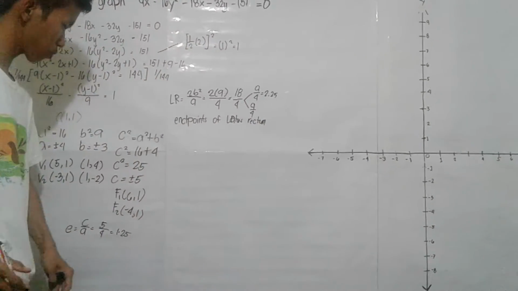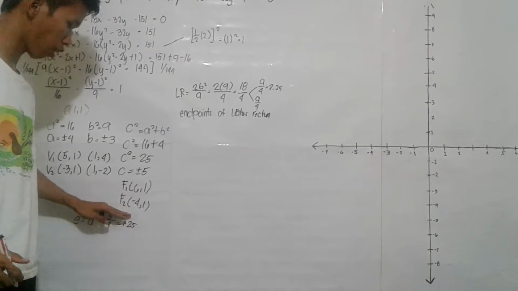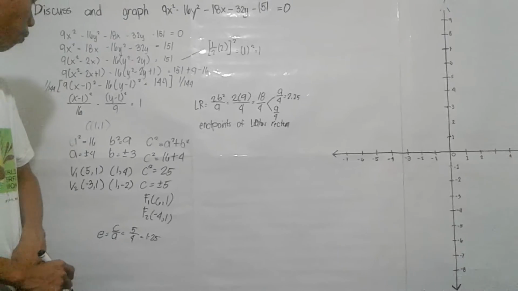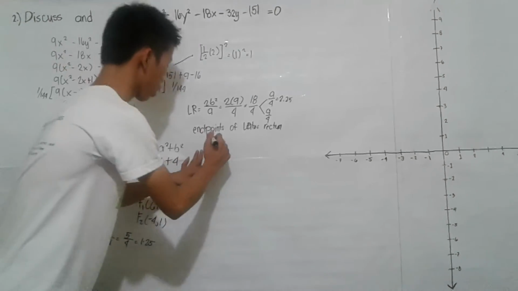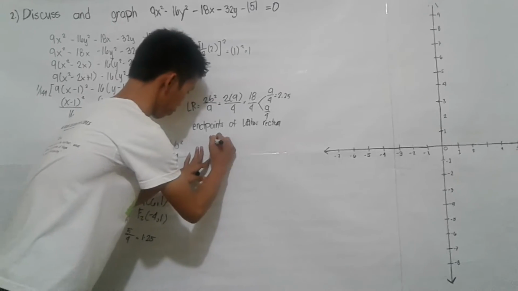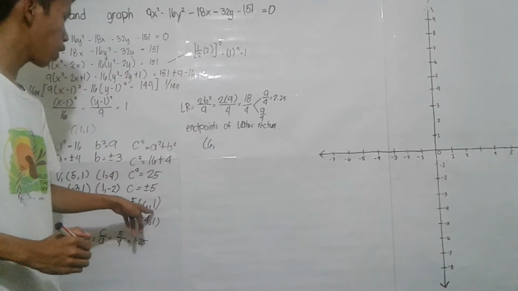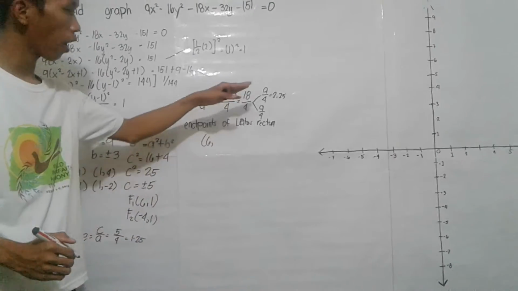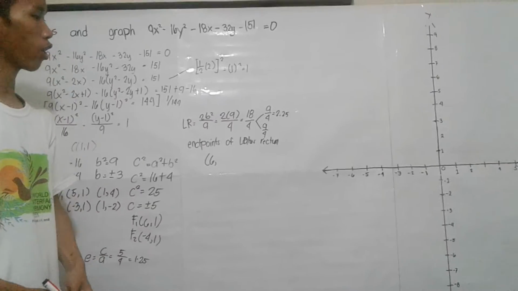So, use the values of our two foci, foci 1 and foci 2. First, copy the 6. So 1 here will be subtracted by 9/4.